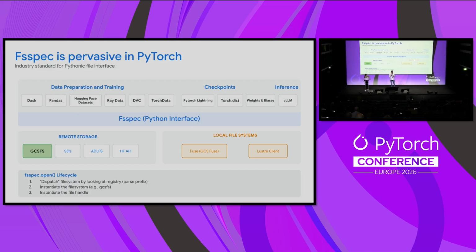And when we thought about how to bring this innovation, fsspec was the obvious choice because it is the Pythonic file interface that is supported by many frameworks that you are already using, be it data loading, training, checkpointing or inference. And it supports various file system implementations, including the Google Cloud Storage one, GCSFS.